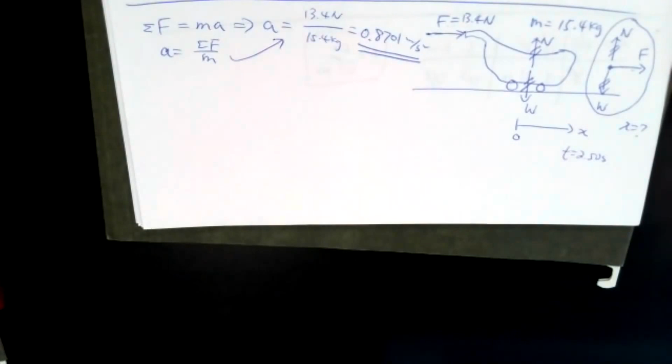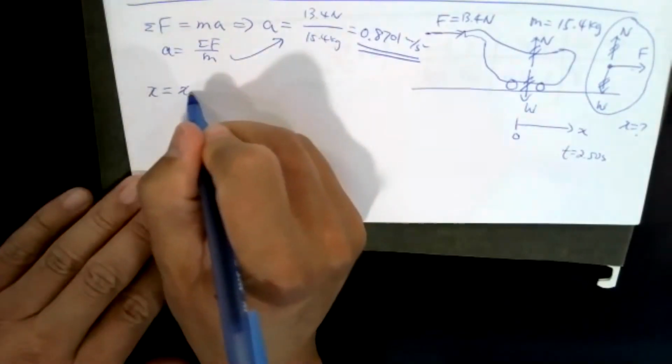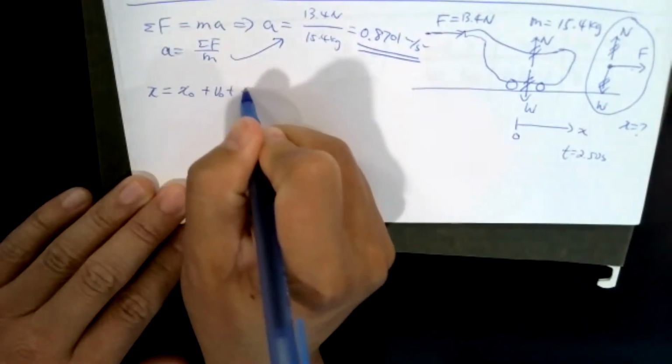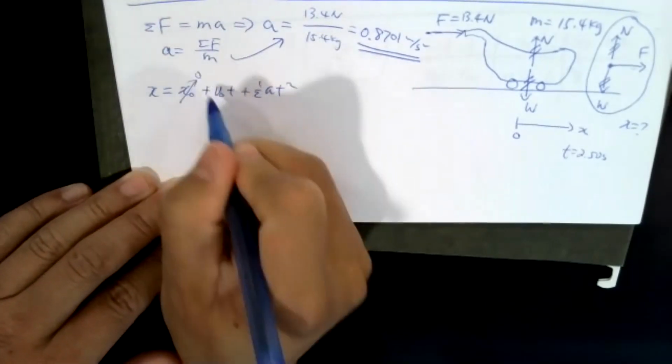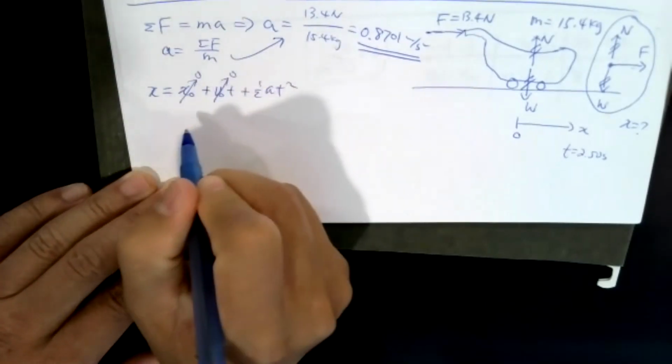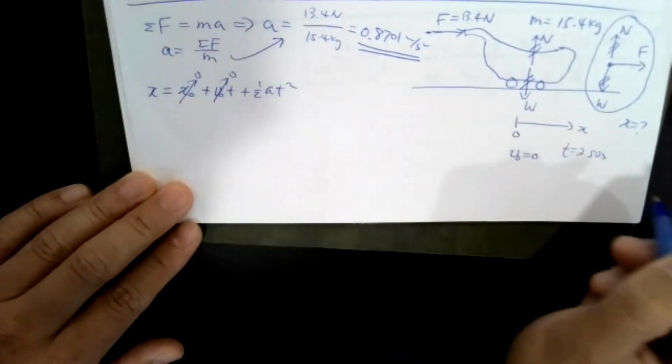Then you'll be looking at your 5 equations of motion, and you're looking for x. You probably figure that you can use this one, the position equation, to figure out your x, right? This is 0, initial velocity is 0, or initial speed is 0, okay? Because you just push it, you will start to move, okay?